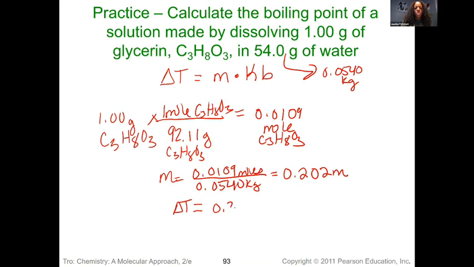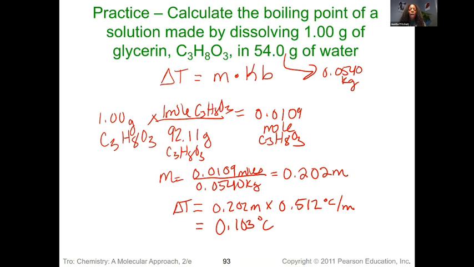So it'd be 0.202 times 0.512 degrees Celsius per molality. That's from before, that's the constant for water. So 0.202 times 0.512 gets us a total of 0.103 degrees Celsius. So is that our answer?